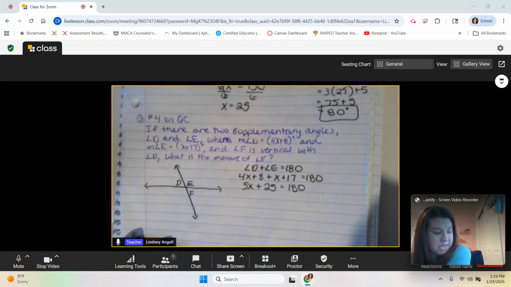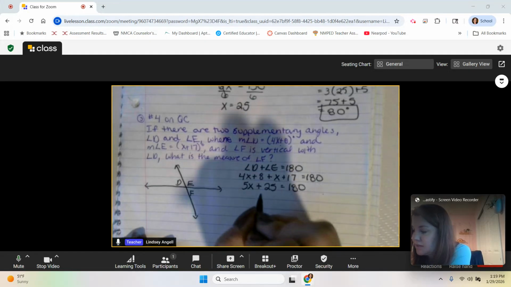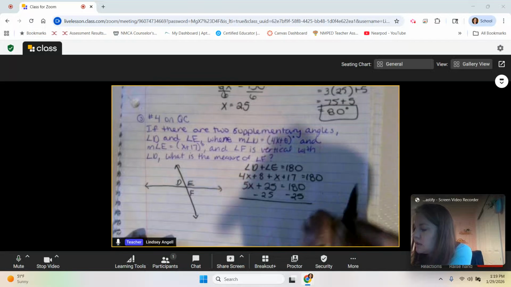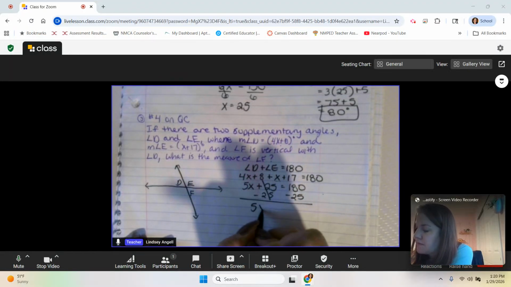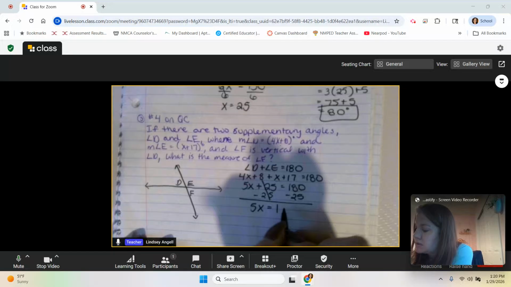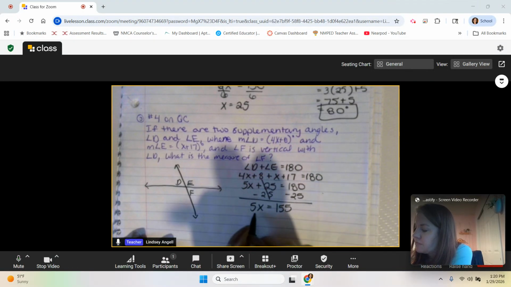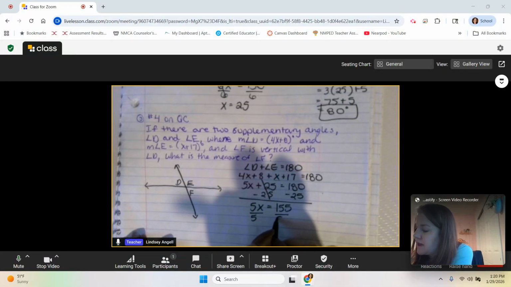Okay, and then we're just solving like we have already in the past. So we'll subtract 25 from both sides. They'll cancel. On the left we have 5x equals 155. And then divide by 5.